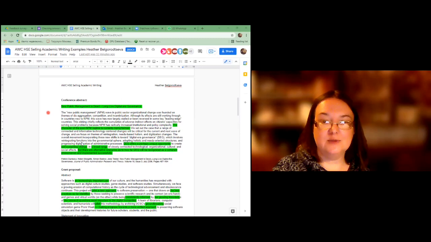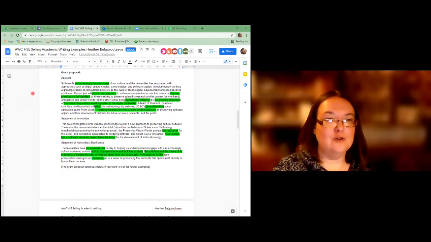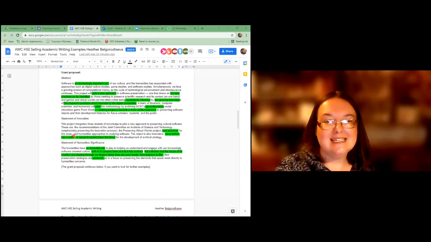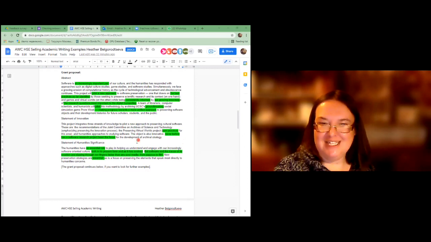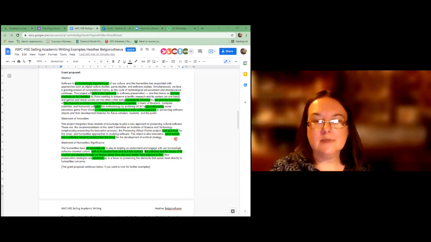And one of the things I thought was interesting about this grant proposal was the phrase "never before." So, "never before has a software research project been the focus for the development of archival strategy." That's a very punchy, very strong sentence, using this fronting technique.